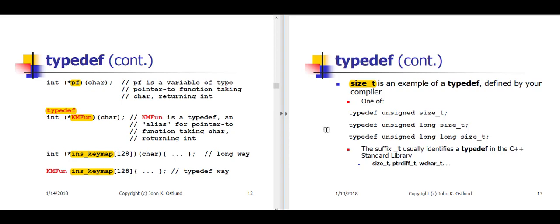In your code, you simply use the name size t to contain the result of the sizeof operator or to contain the return value of object size and length functions. But you should not make assumptions about whether size t is a 32-bit value or a 64-bit value or some other size of value. The suffix _t is used frequently in the library to indicate that some word is a data type name defined using typedef.